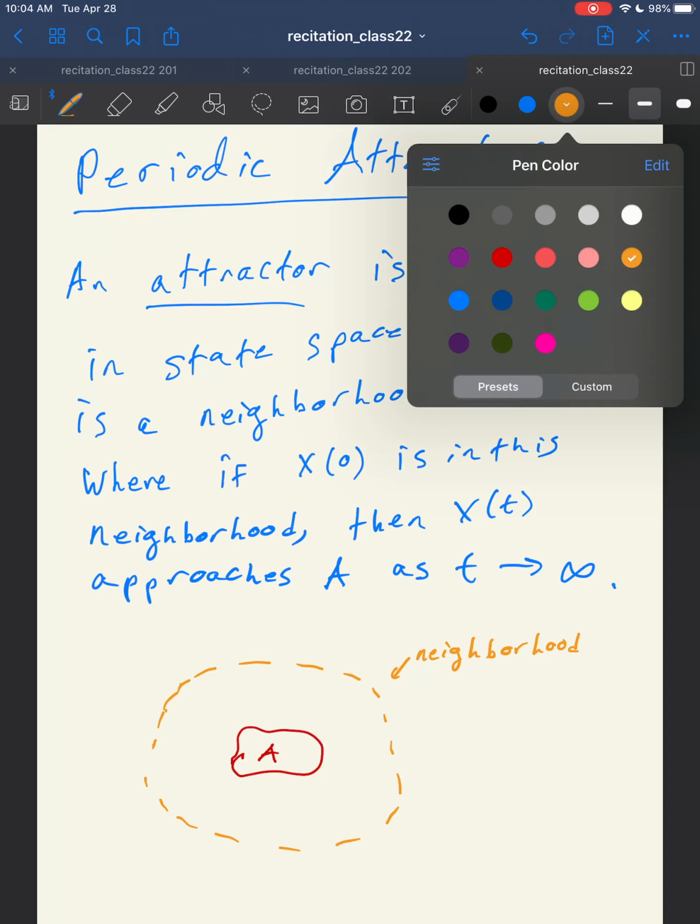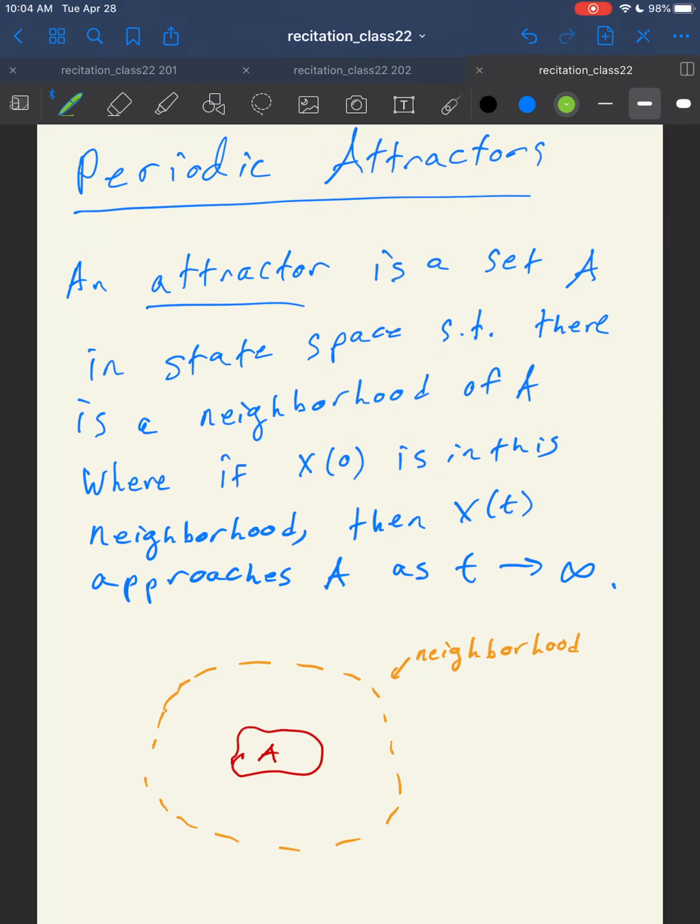So if we start anywhere inside this neighborhood, let's say this is x of 0, the trajectory for this point approaches A as t goes to infinity. All right, so this is what an attractor is.